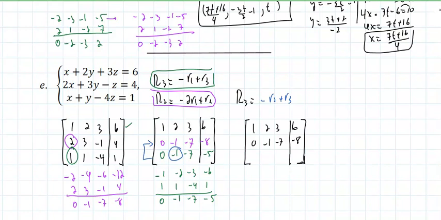Well, obviously, if I multiply this by a negative, that will become 0, 1, 7, and 8. Add that to 0, negative 1, negative 7, and negative 5. I'll get 0, 0, 0, and a 3.